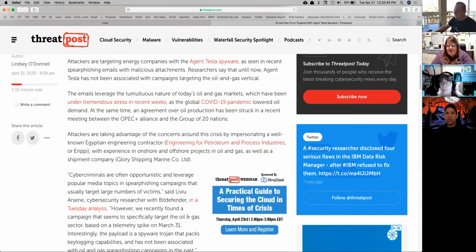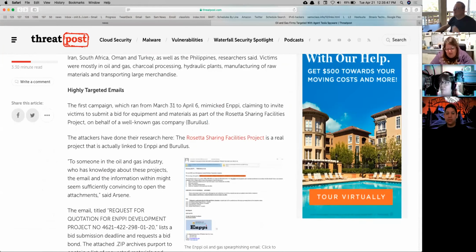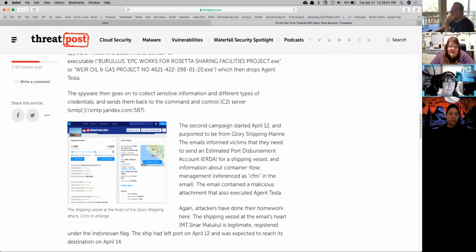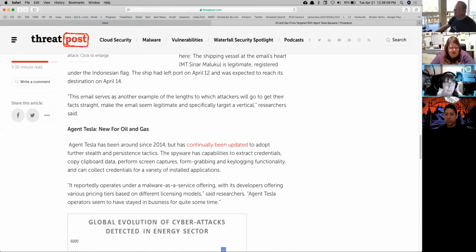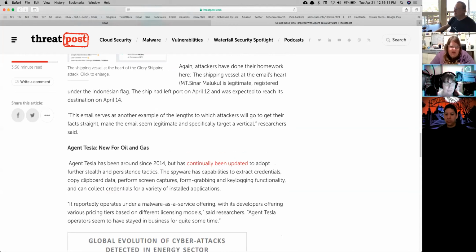It's a good time to be doing that because the oil industry is at the point where they don't have any more capacity to store oil because the global consumption has been drastically reduced due to the coronavirus. Once May comes around, they're going to be at capacity all over. There's going to be no more place to store the oil.